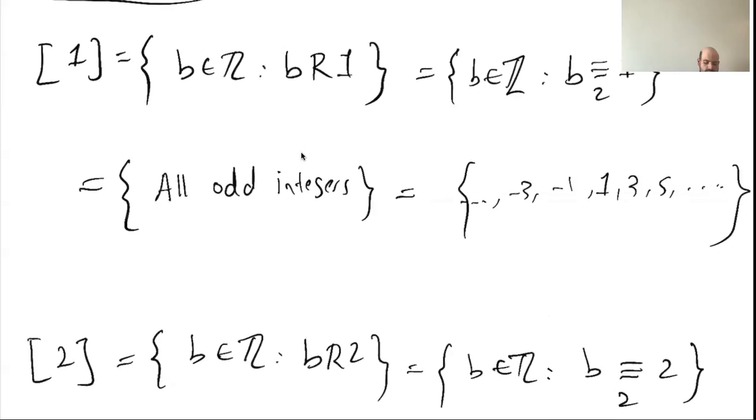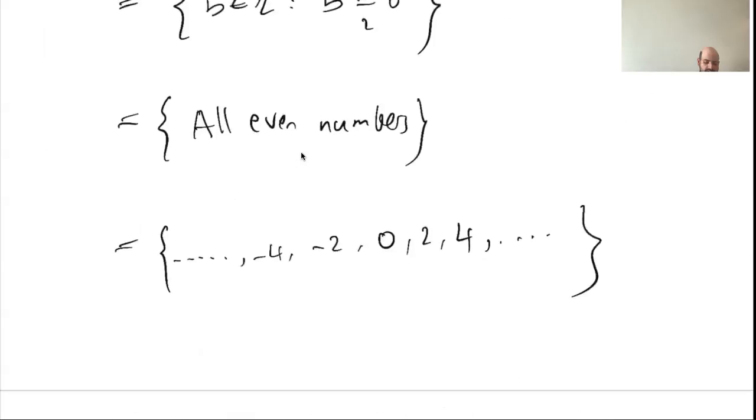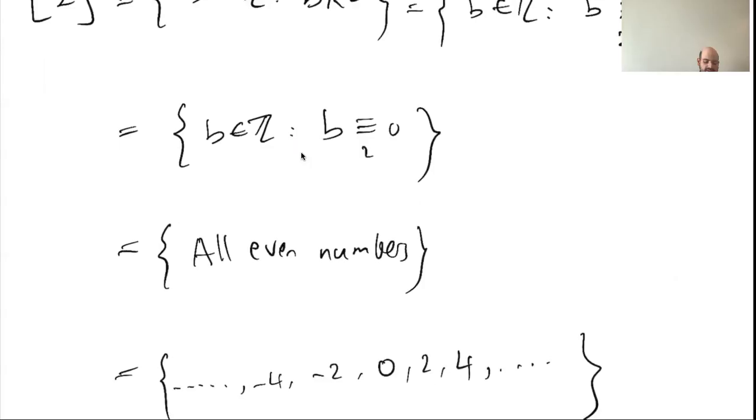Okay, so we showed the equivalence class of 1 is the set of all odd integers. Equivalence class of 2 is the set of all even integers.